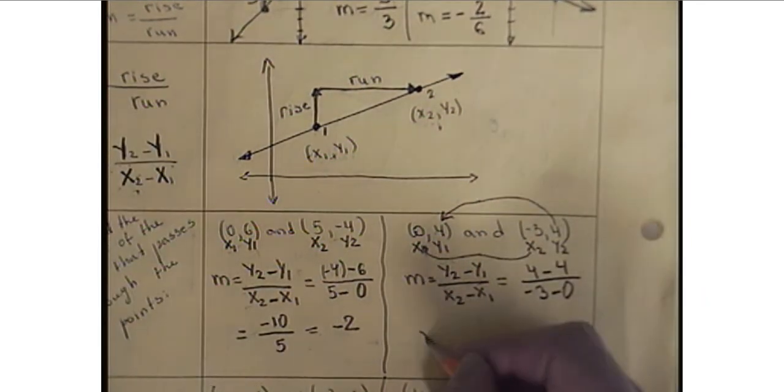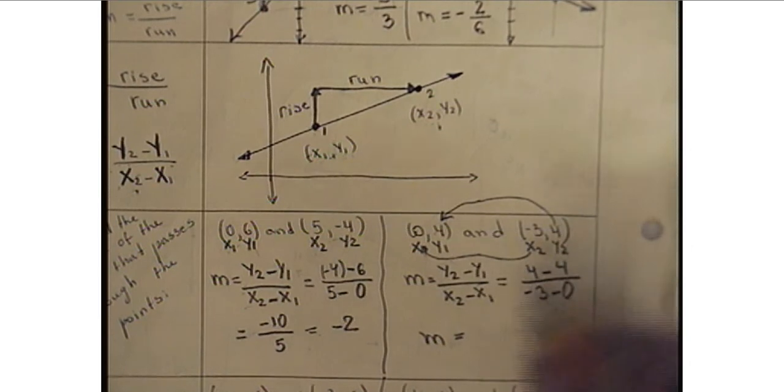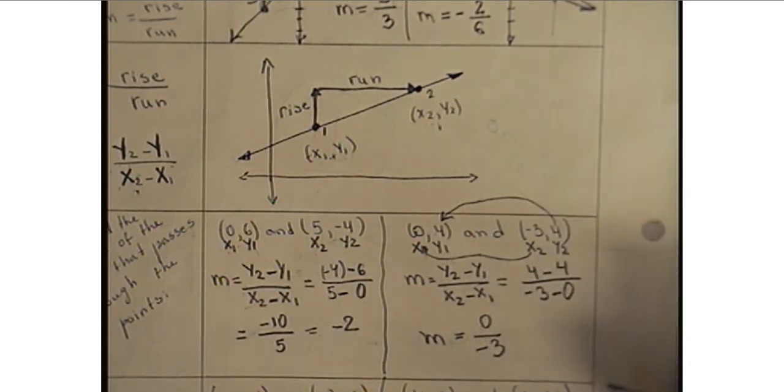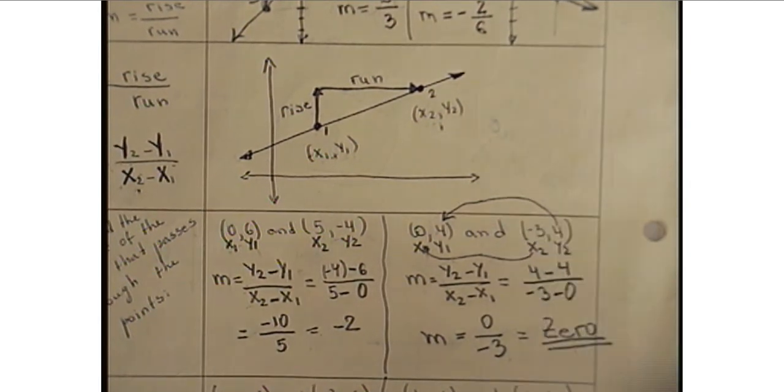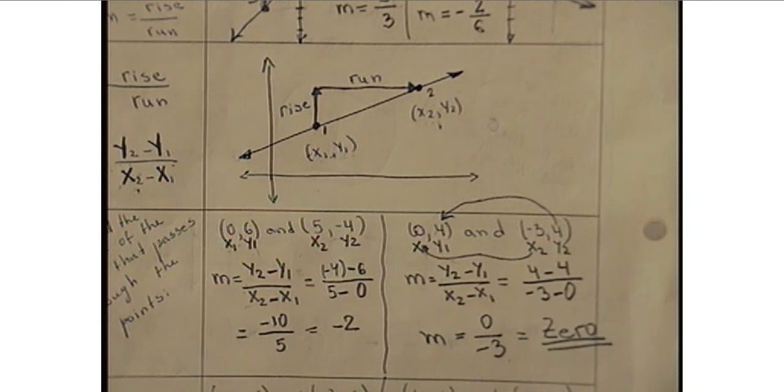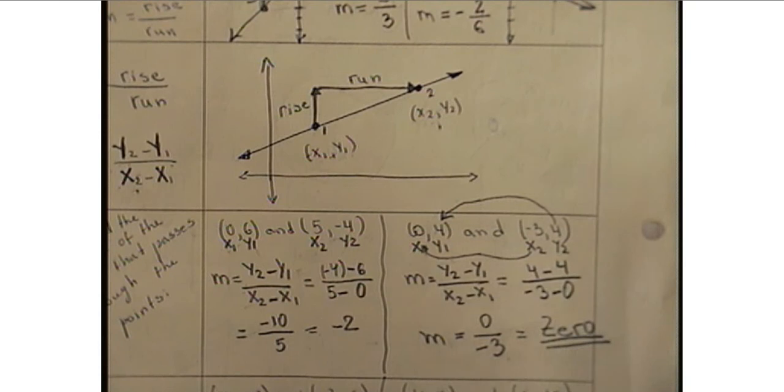Okay, so the slope is equal to 4 minus 4, which is 0, over negative 3 minus 0, which is negative 3. But what do we also know? If we have 0 on the top and a number on the bottom, this is always equal to 0. So we have 0 slope here. And if we have 0 on the bottom, for example, if I have 5 over 0, this is not possible.